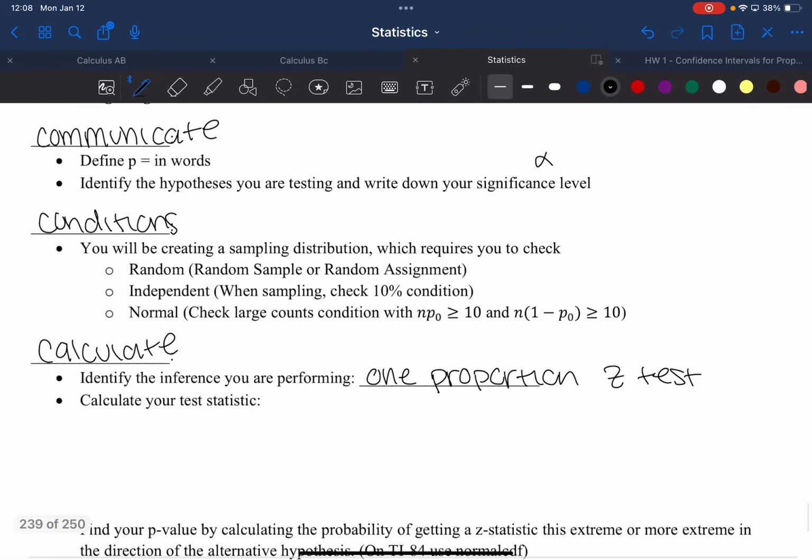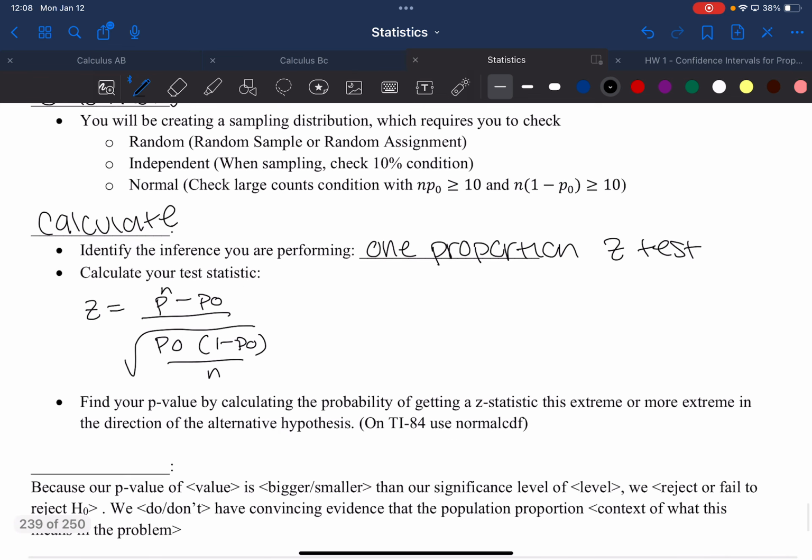So you could write this formula for the z statistic, which is z is equal to p hat minus p naught over the square root of p naught times 1 minus p naught over n. Okay, which one's easier to remember? The inference name or the equation? The inference name. Okay, use the inference name.